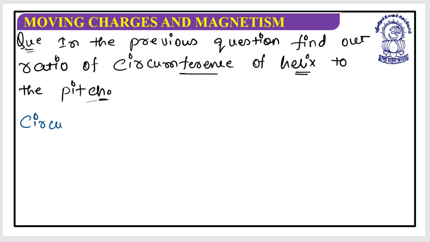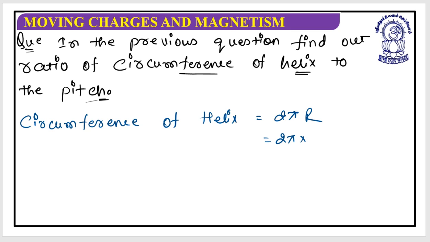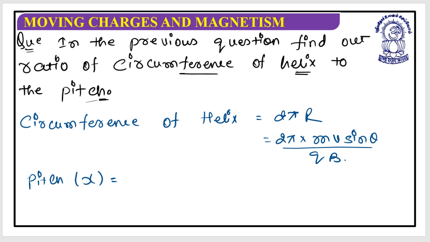So the circumference of the helix can be written as 2 pi r, and r can be written as mv sin theta divided by qB. And the pitch can be written as v cos theta multiplied by 2 pi m divided by qB.